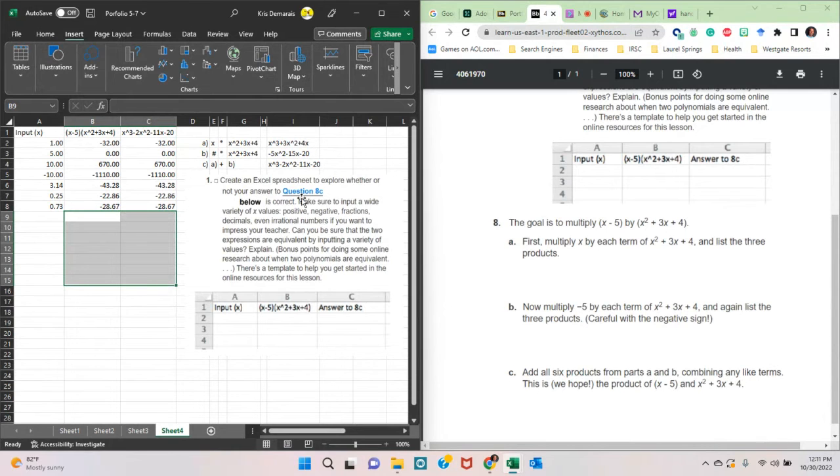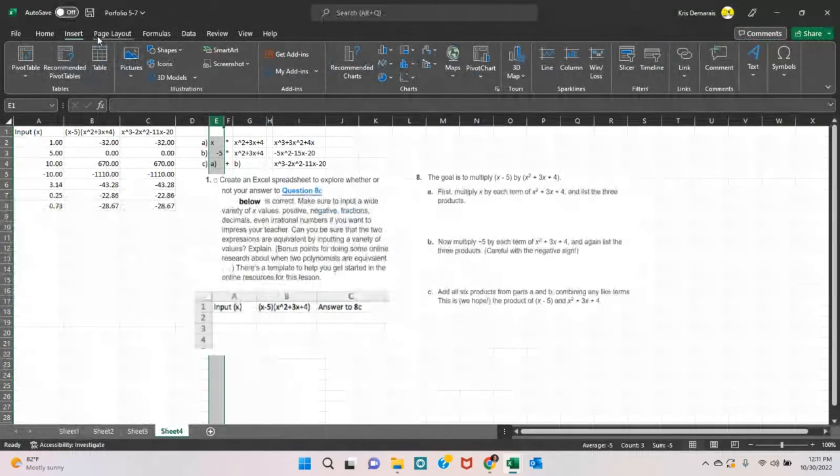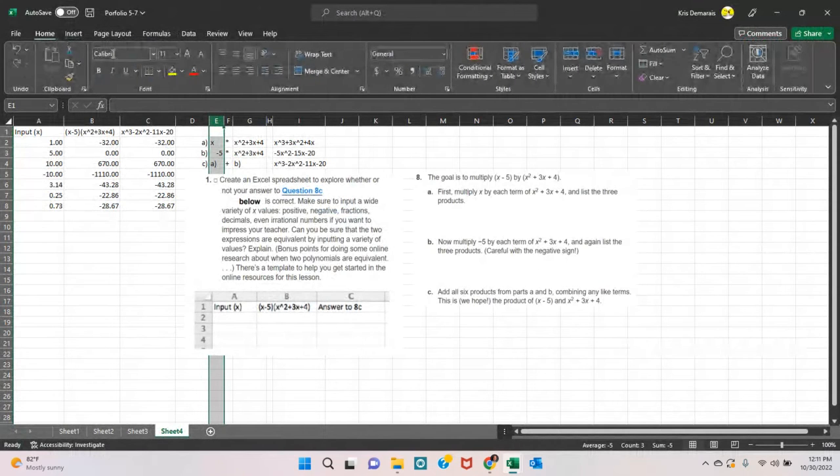And then right here, we're going to multiply -5 times that. You can't physically do it with this Excel spreadsheet. It won't work like that. So you have to basically do it by yourself, so that way you have it, okay?